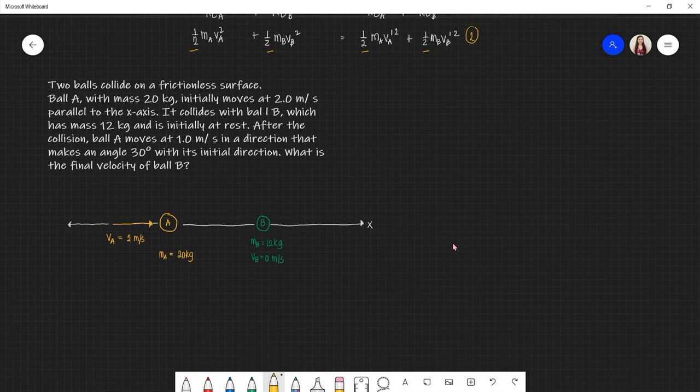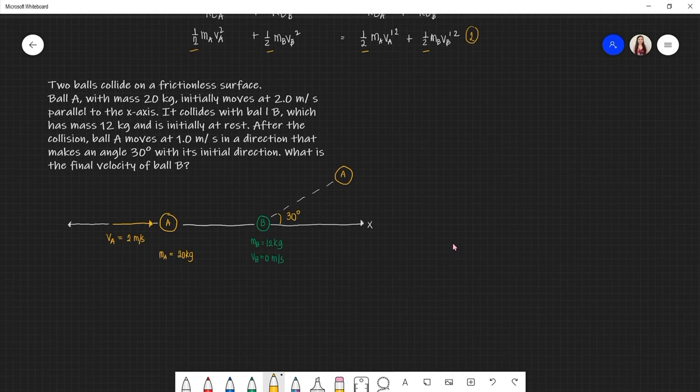The direction now of ball A would be, okay, this is now after the collision. Ball A is already here, making an angle of 30 degrees with its initial direction.